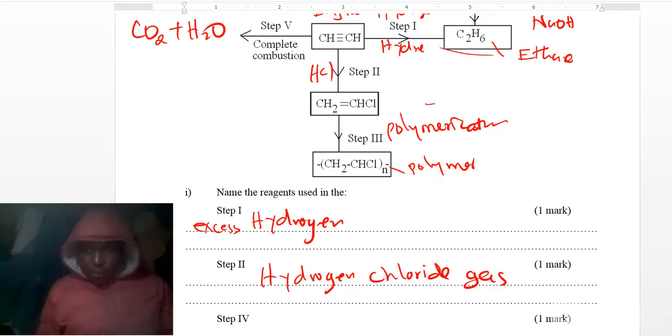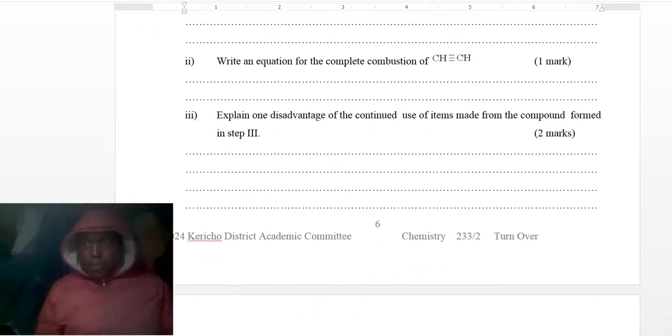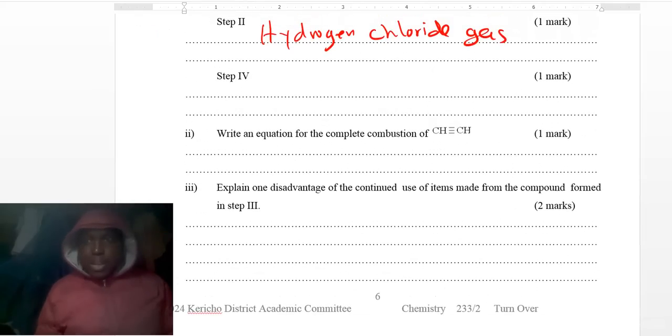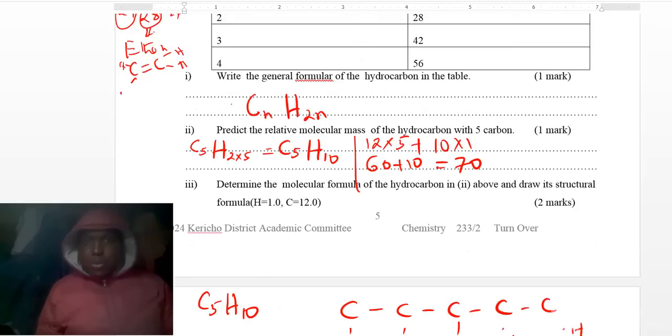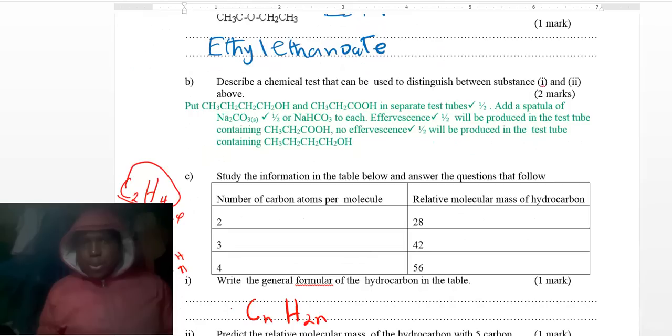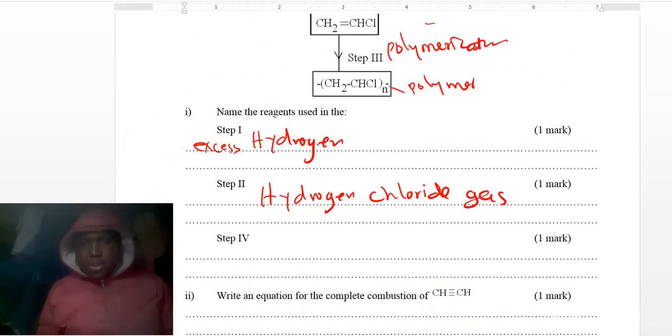Step 4, what reagent? Here we have not been asked the conditions. The next question will be the conditions. What are the conditions for step 1 to occur? What are the conditions for step 2 to occur? Now, I already said for hydrogenation we need a nickel catalyst and a temperature of 150 to 250. This question has not asked that, but it is important you know.